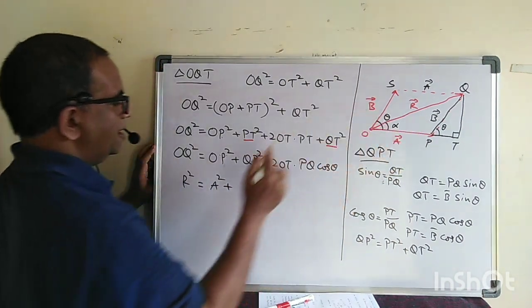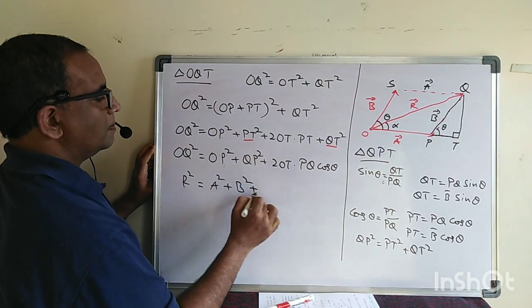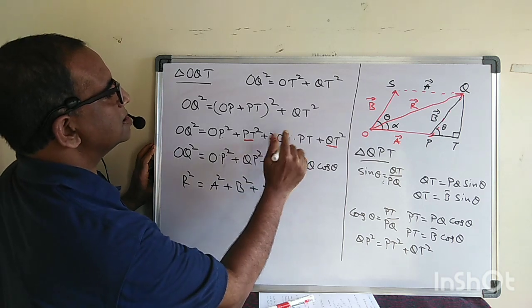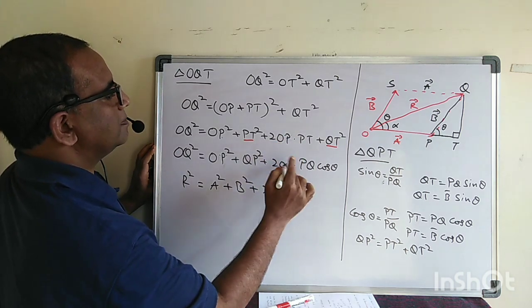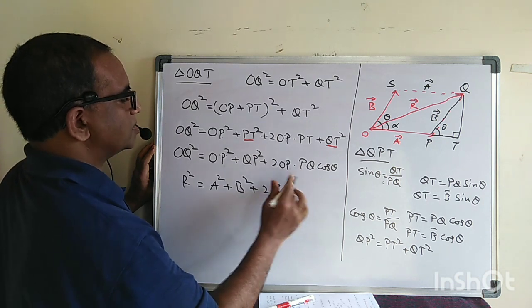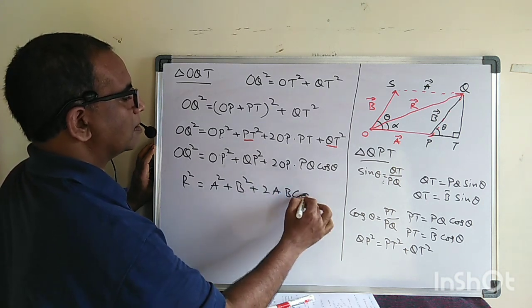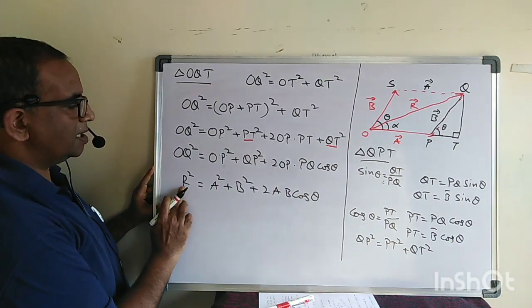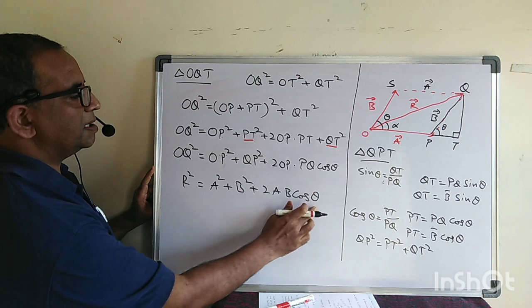QP is nothing but B, so B square plus 2AB cos theta. That is R square. R square is equal to A square plus B square plus 2AB cos theta.